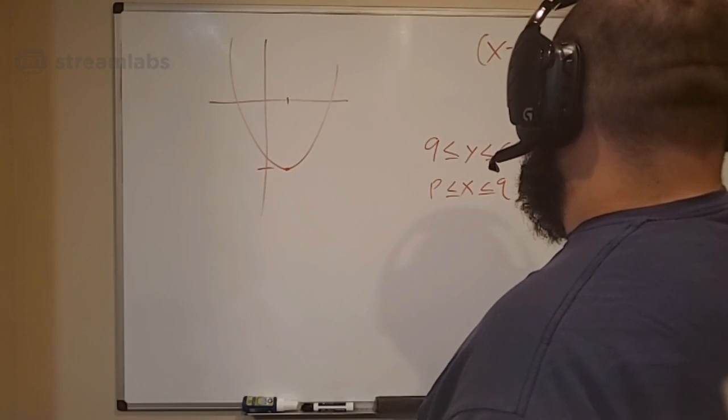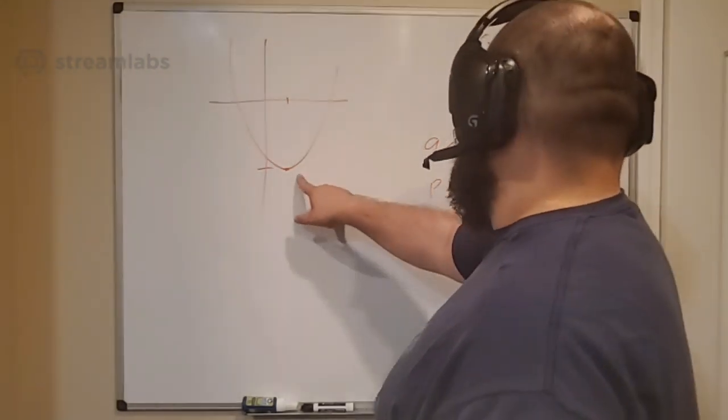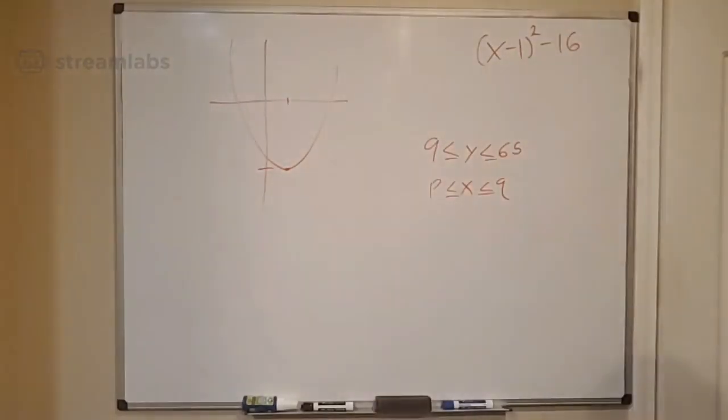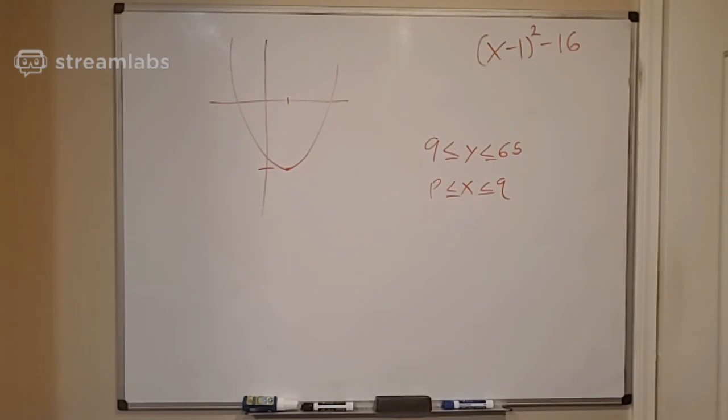Let me make sure that they give 2 answers. Oh no, but it tells us that P and Q are positive constants. Got to be careful. So P and Q are positive, so I only need the positive side. I don't need any of this side of my graph over there.